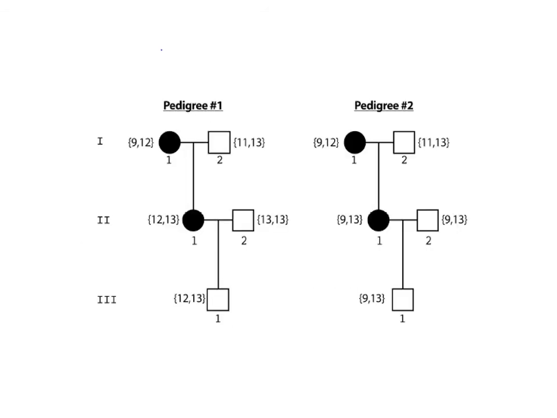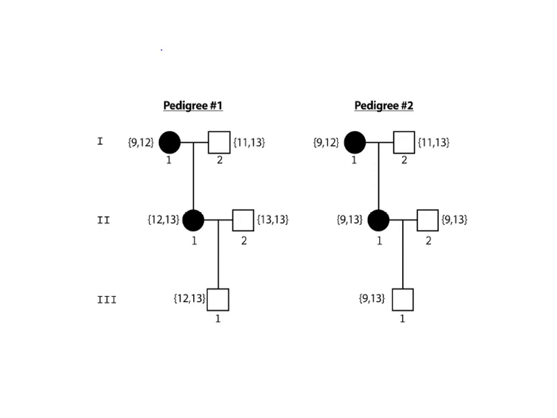Okay, so now we're going to look at pedigree 2, which is very similar but not identical, and we're going to be asked whether individual 2-1 is phase known. So this is similar to the previous pedigree, where she could have gotten allele 9 or 12 from her affected mom, 11 or 13 from her unaffected dad. So the arrangement is pretty unambiguous here.